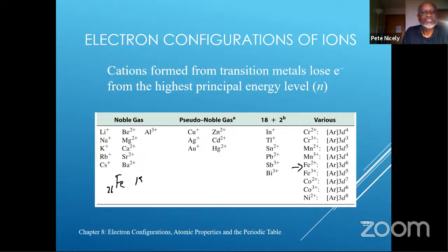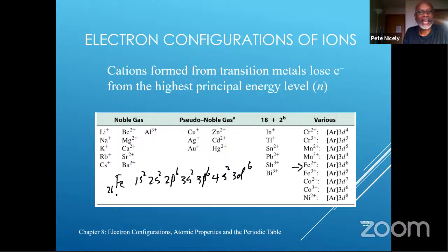So 1s2, 2s2, 2p6, 3s2, 3p6, which is 18, and 4s2, and then 3d6, all right? So that would be the full electronic configuration of iron.